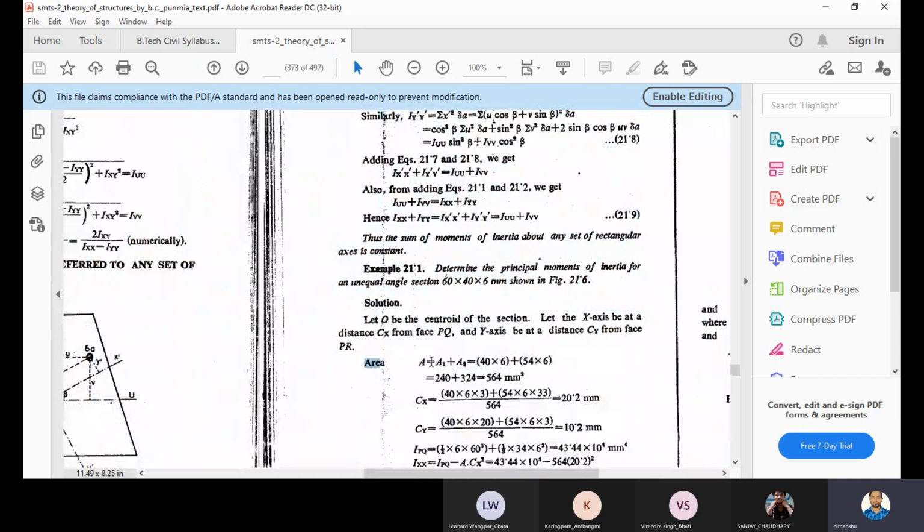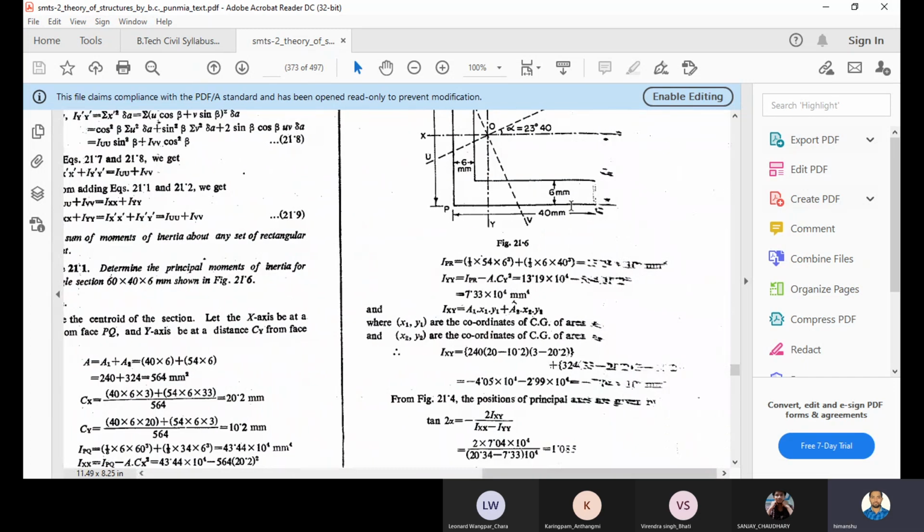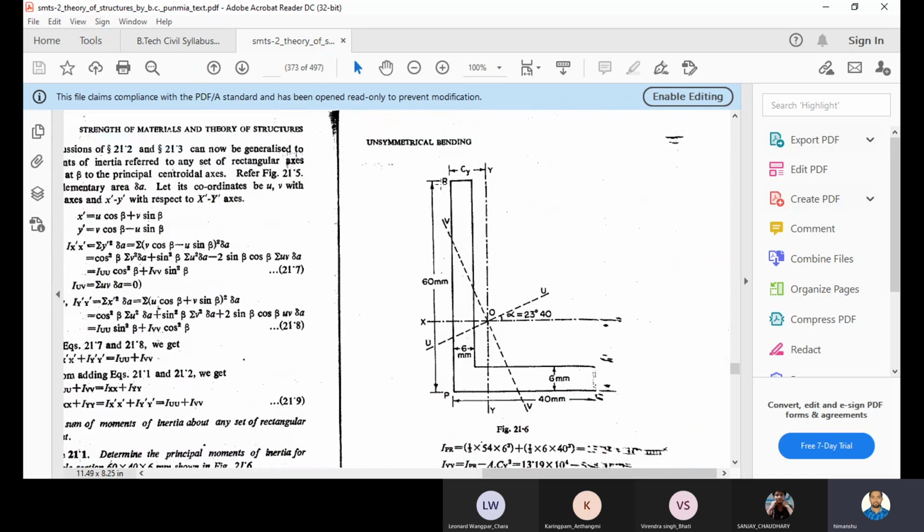Now area will be equal to area 1 plus area 2. What is your area 1? Area 1 is this 40 into 6, and area 2 is 54 into 6. Why 54? Why not 60? Because that 6 is already counted in this.